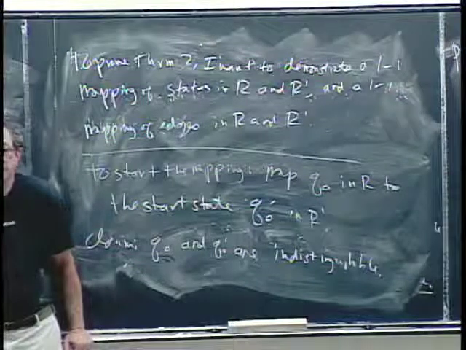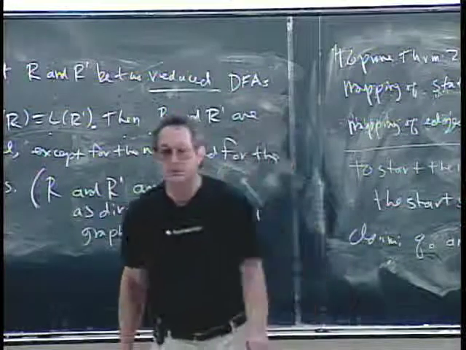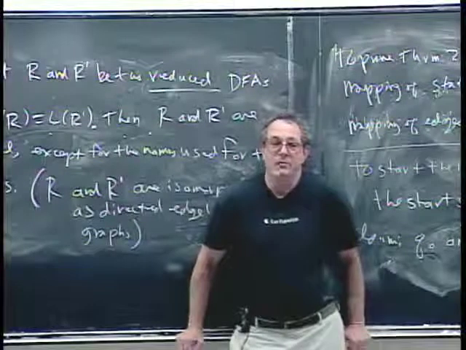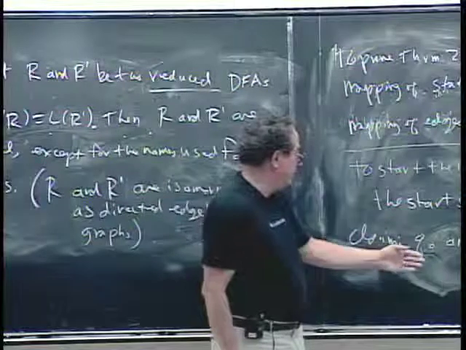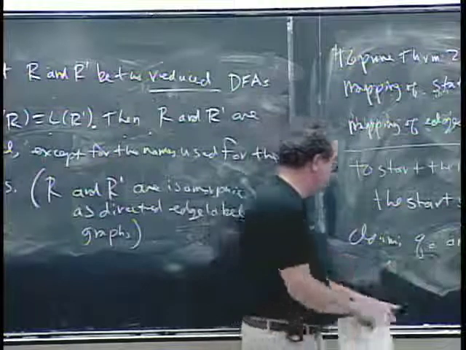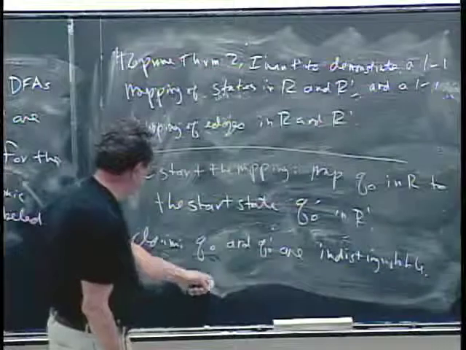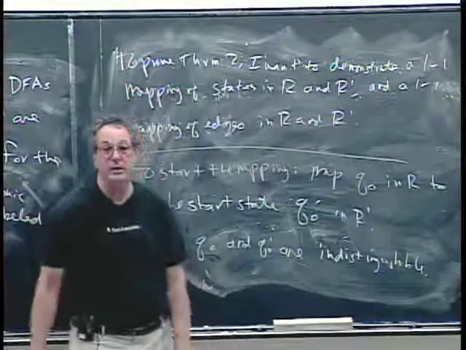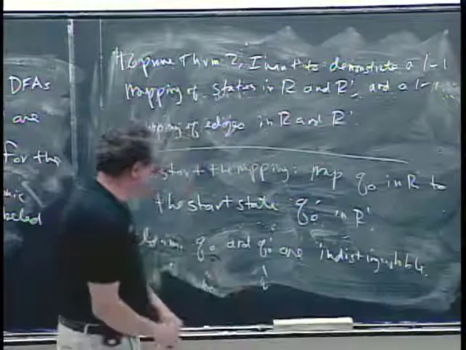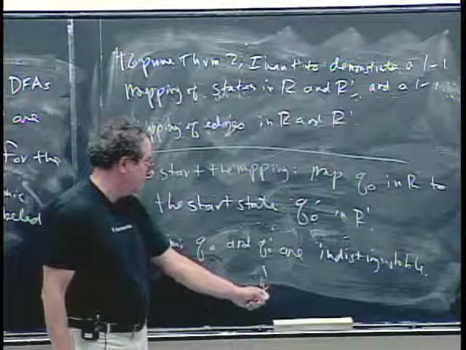Anybody answer that? Right. Okay, I don't know if anybody heard that on the video, so I'll repeat that. What it means for two states to be indistinguishable is that for every string W, starting in Q0 in R leads to a final state or an accept state in R if and only if the same is true when you start in Q0 prime, the start state for R prime, on W.